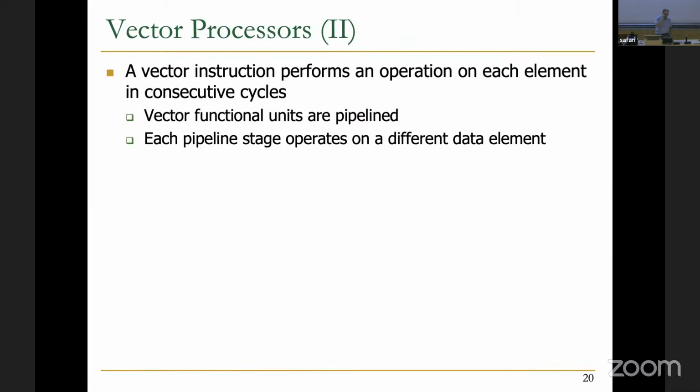So yeah, a vector processor, as we discussed, is such that a vector instruction performs an operation on each element in consecutive cycles, and vector functional units are pipelines. We already covered that, and each pipeline stage operates on different data elements.